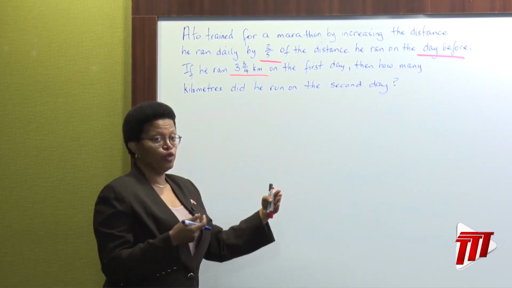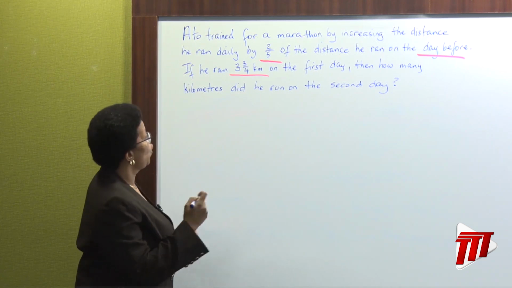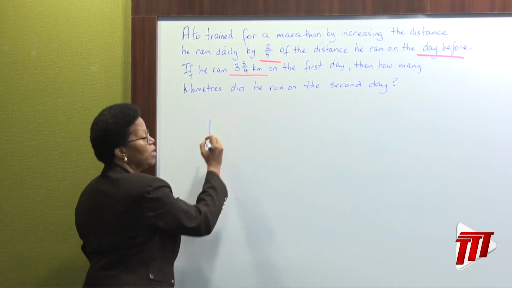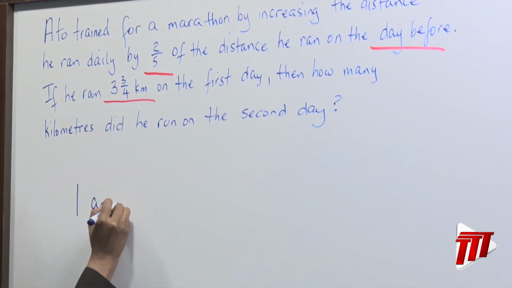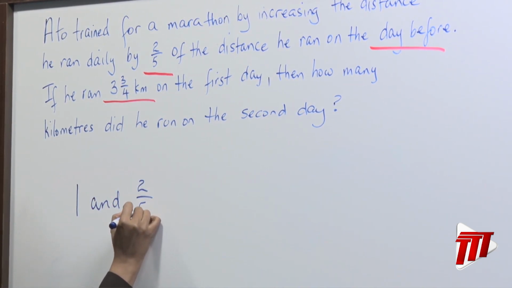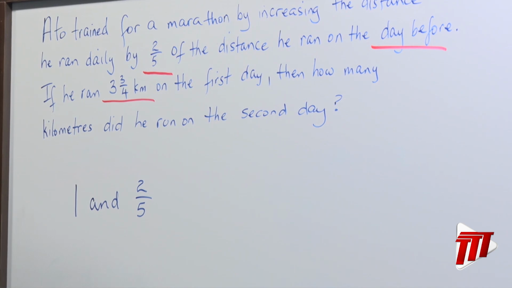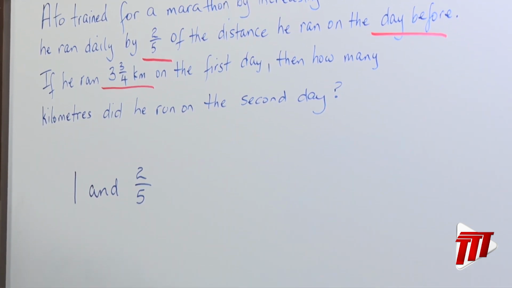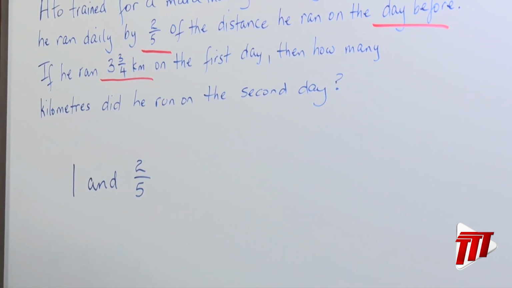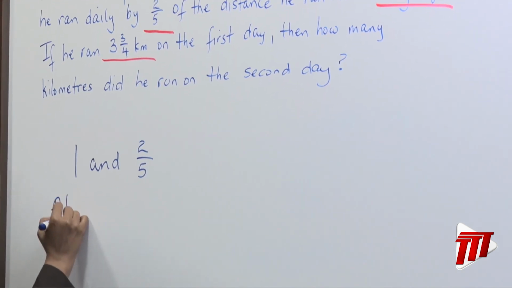So, if we put those parts together, 1 whole distance from the day before and 2/5 of the distance from the day before, Atto in fact runs 1 2/5 of the distance of the day before. Let's write that down.